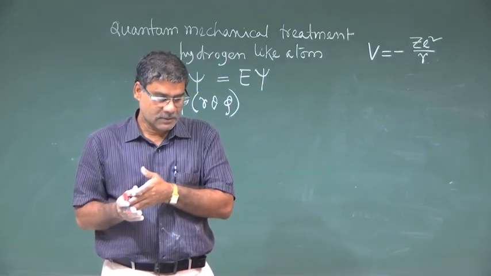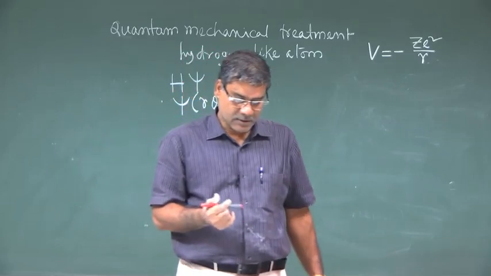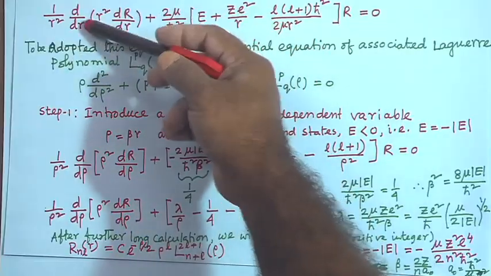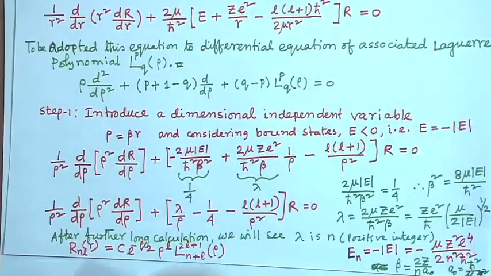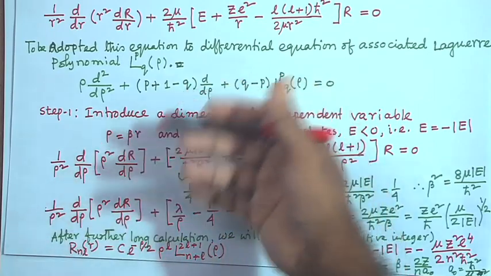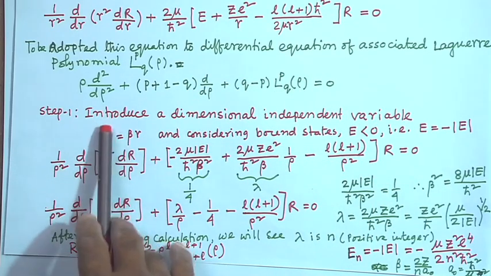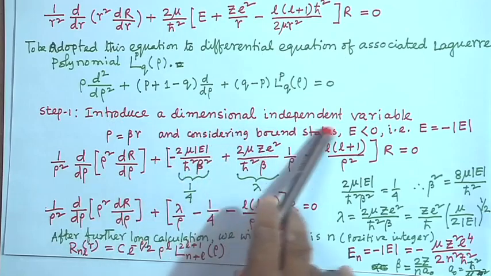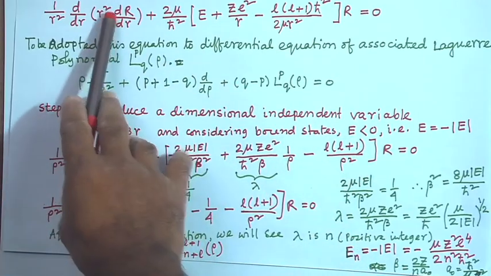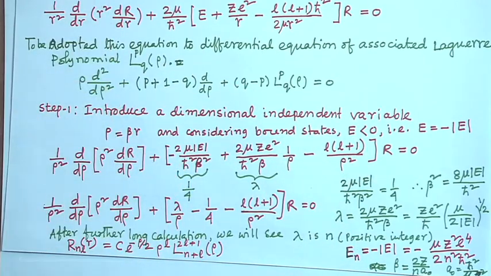Okay. So, similarly here, to adapt this equation towards the associated Laguerre differential equation, a few steps one has to introduce. First, we have to introduce a dimension independent variable. Here r has dimension.